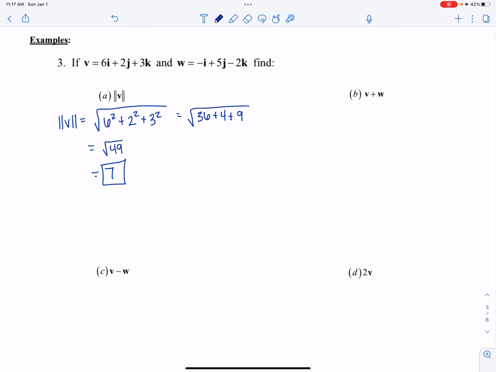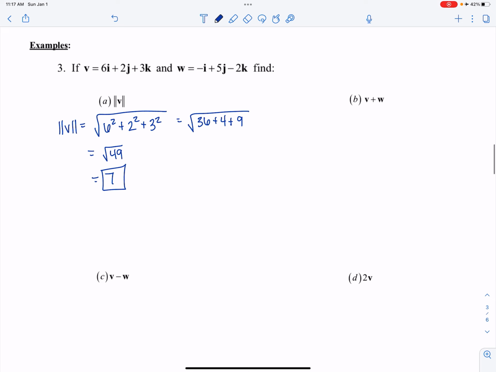For part B, we have v plus w. So v is 6i plus 2j plus 3k, and we're adding negative i plus 5j minus 2k.